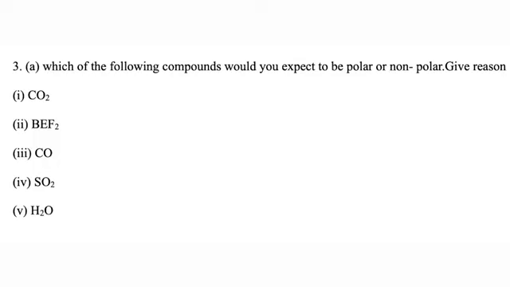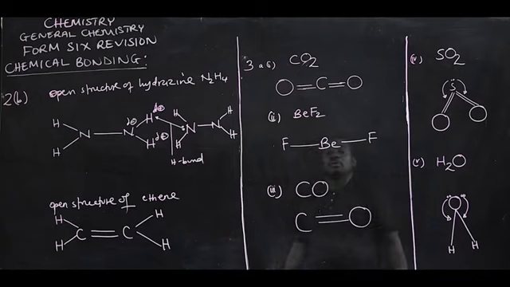Let's go into question number 3. Before looking at this question, we are supposed to know that molecular or chemical compounds made up of covalent bonds can be classified into 2 categories: non-polar compounds and polar compounds.